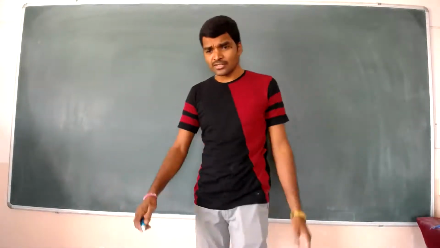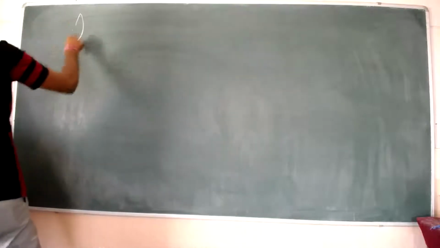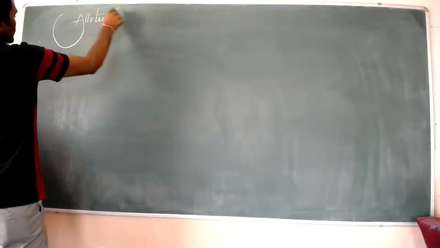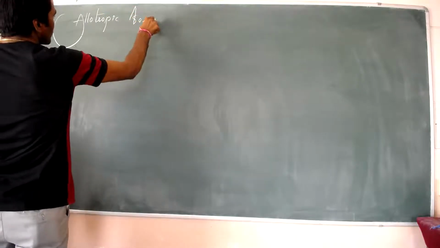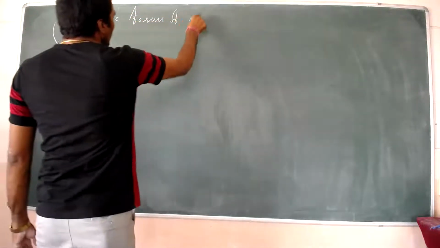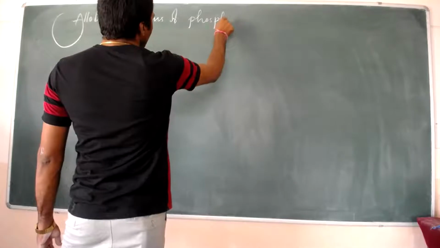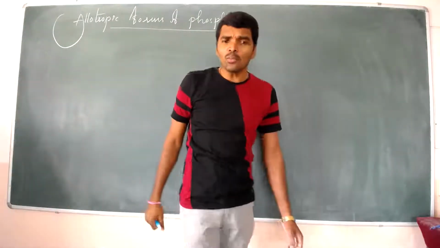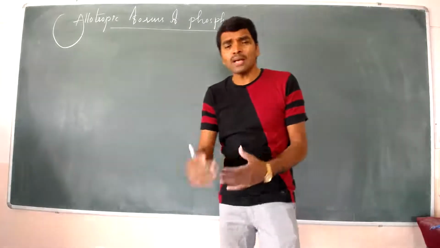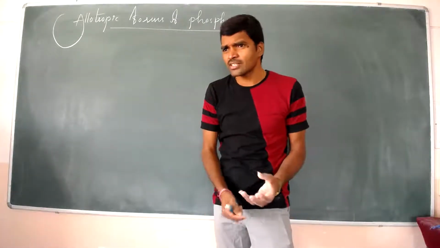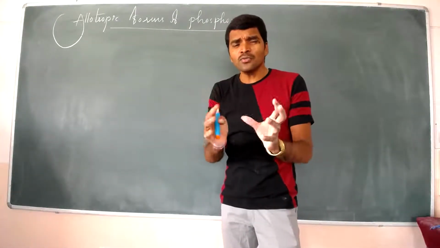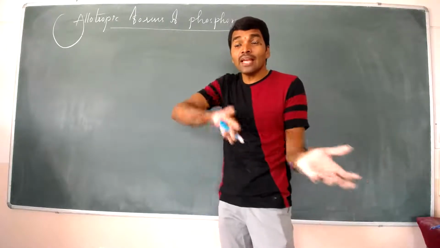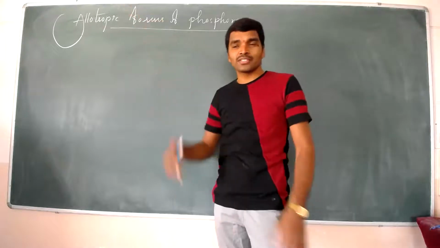What does allotropic mean? The chemical formula is the same, but the element exists in different forms.